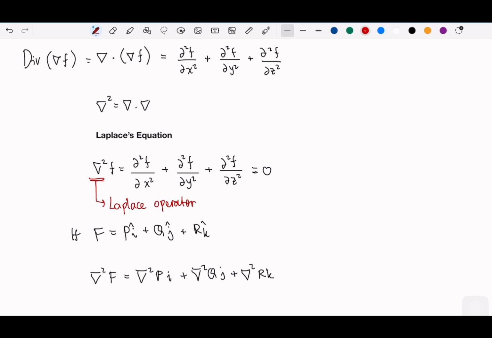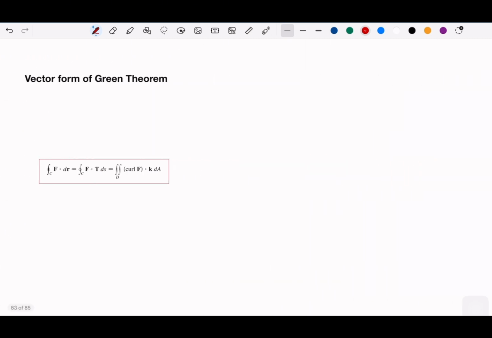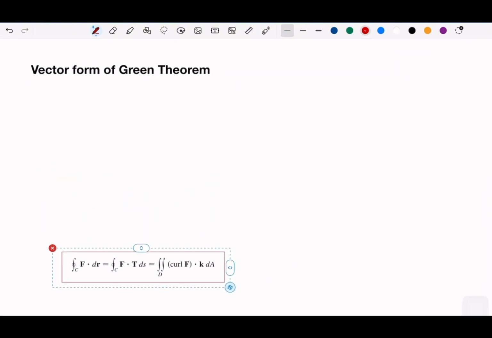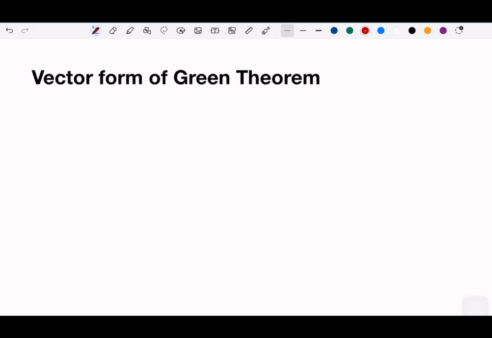Okay, now one more thing to end the lecture today is the vector form of Green's theorem. So we start by taking what we know from the line integral. Suppose that we have a vector field f.